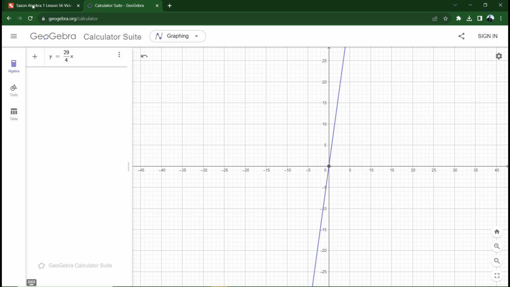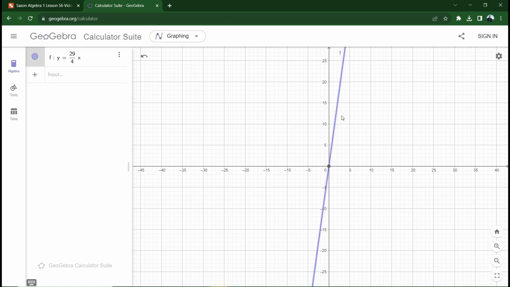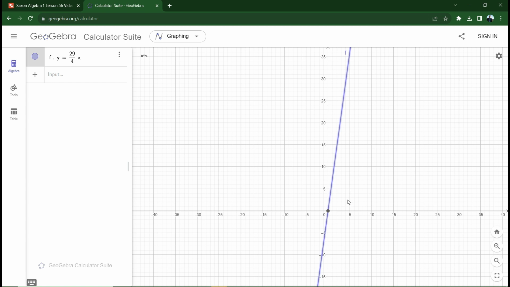Let's see if this matches expectations. So the volume of a box that's 4 centimeters in height has a volume of 29. Does our volume at 4 come out to about 29? Looks like it. So it looks like I've got this correct. Now the question is, what is the volume at 3?